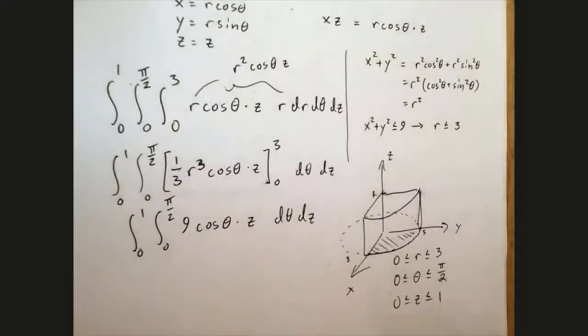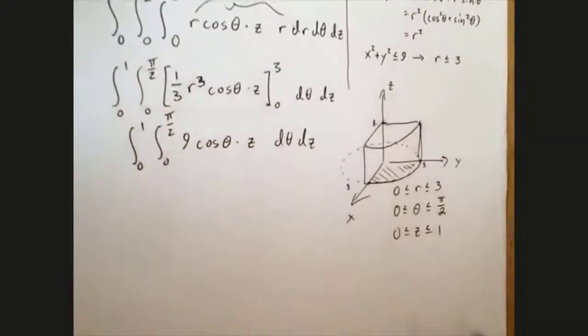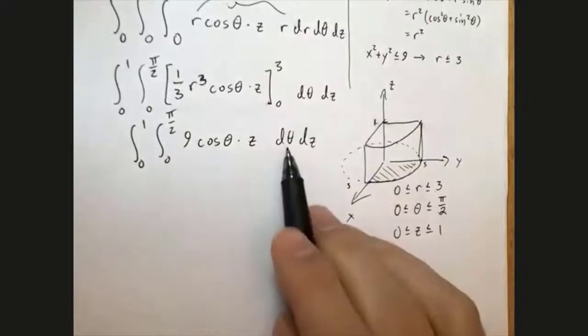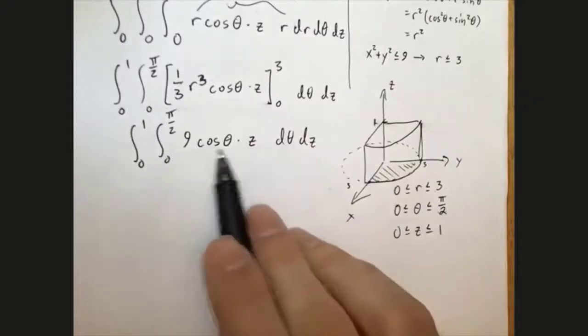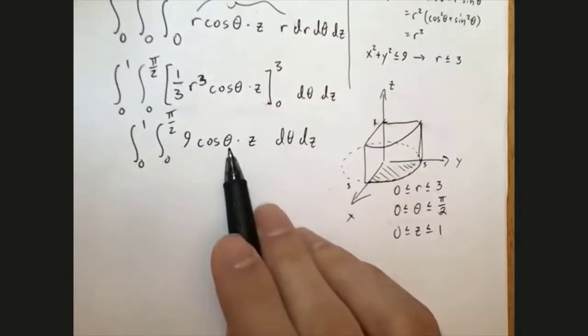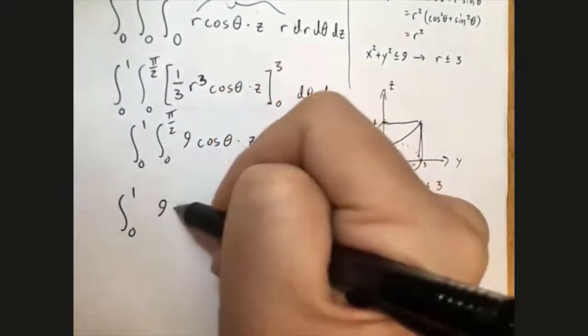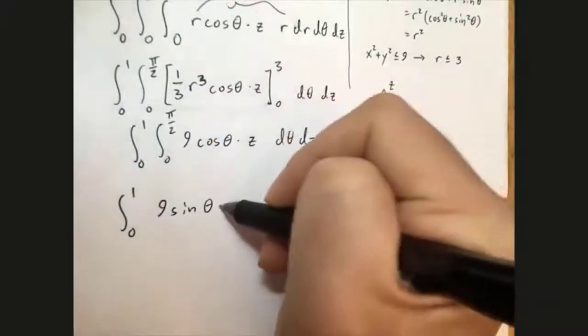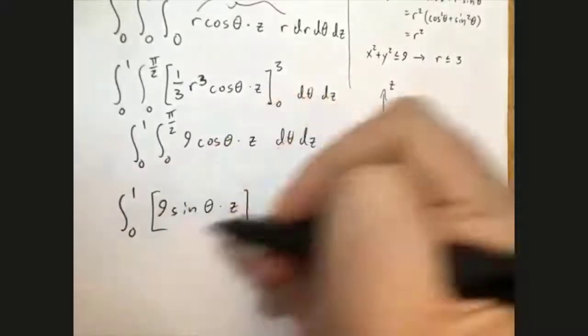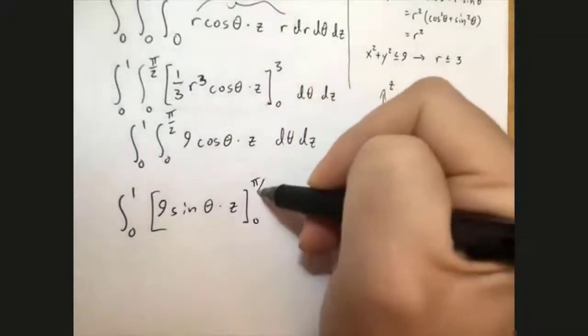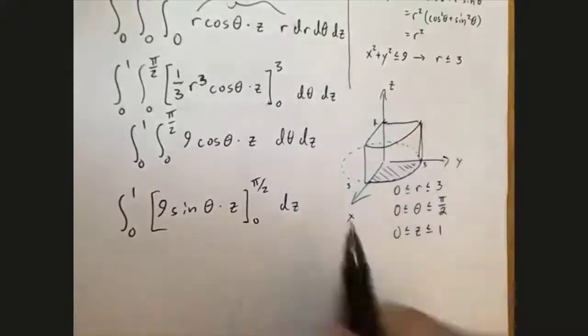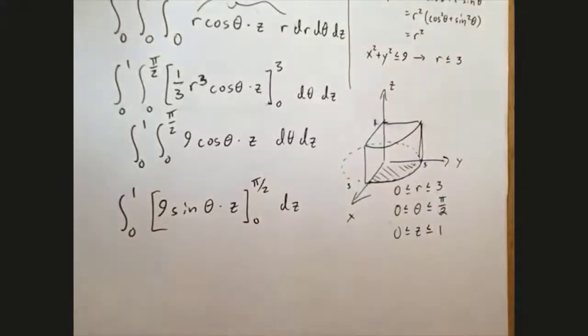Okay, so moving along. Now we do the antiderivative with respect to theta. Antiderivative of cosine theta is sine theta. So what we have here is 9 sine theta times z evaluated from 0 to pi over 2, and then we'll integrate that when we're done evaluating it.